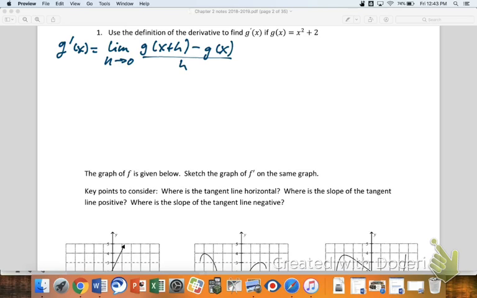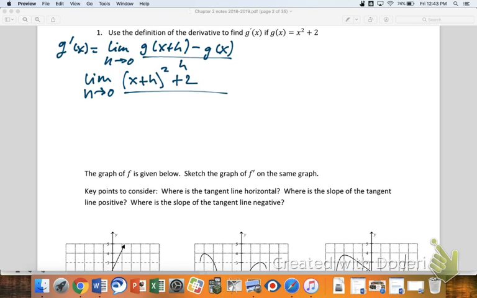That's it. Thanks, Max. So I'm going to write limit as h approaches 0, and I'm going to put something squared plus 2, and that something is x plus h.